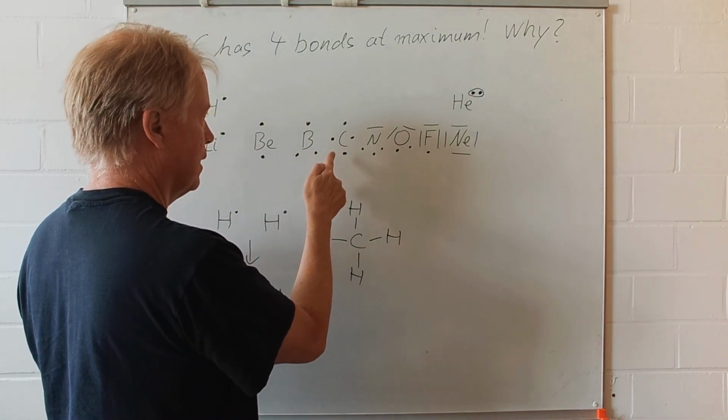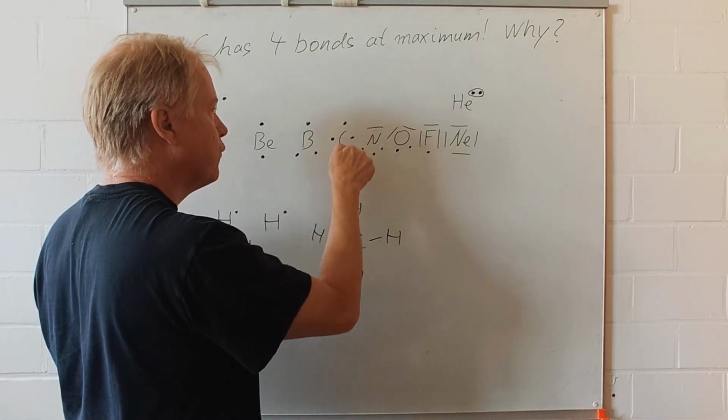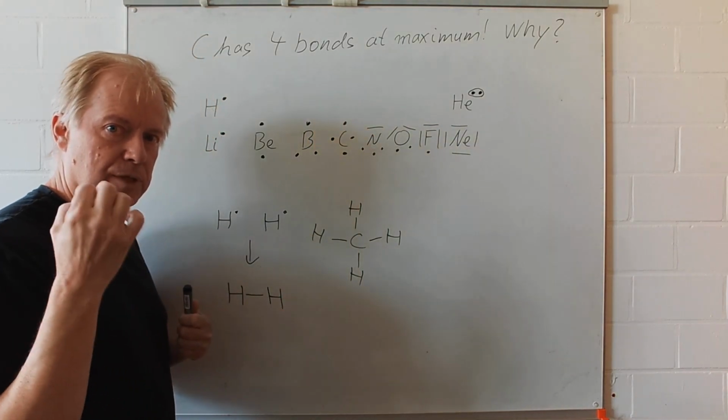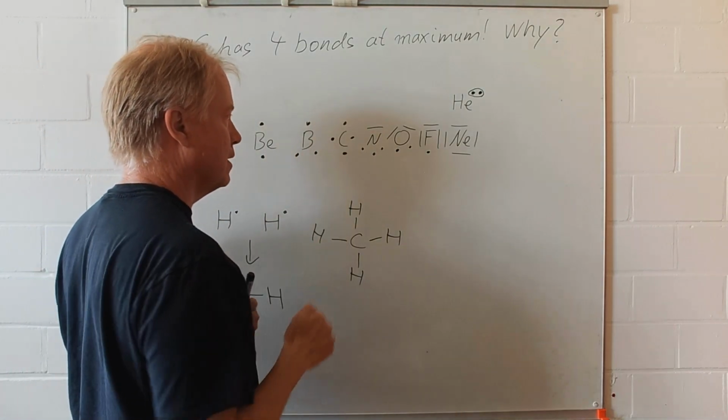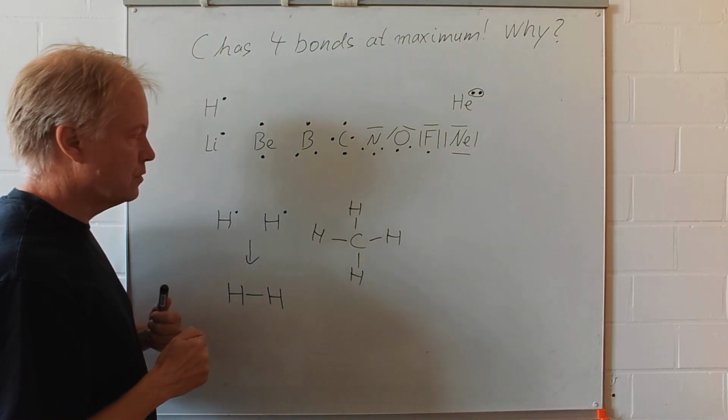A carbon atom has 4 radical electrons in its outer sphere.